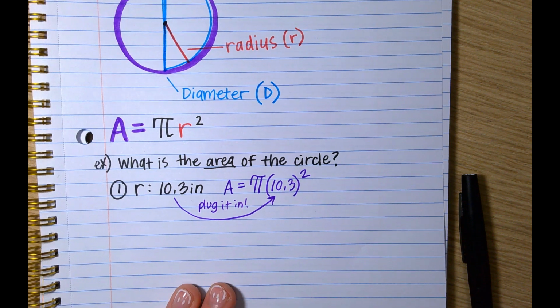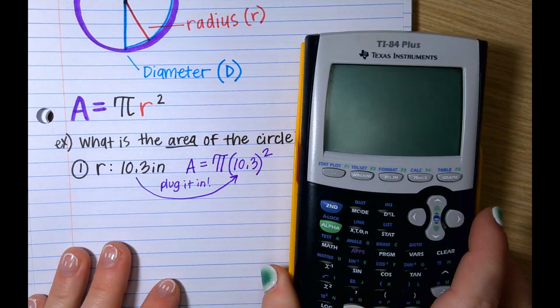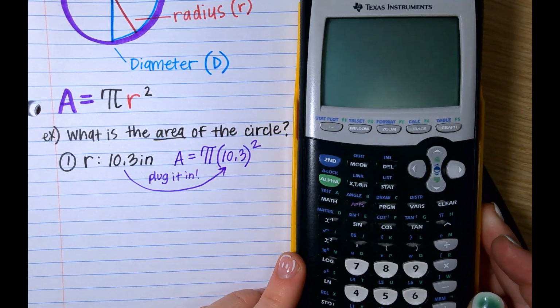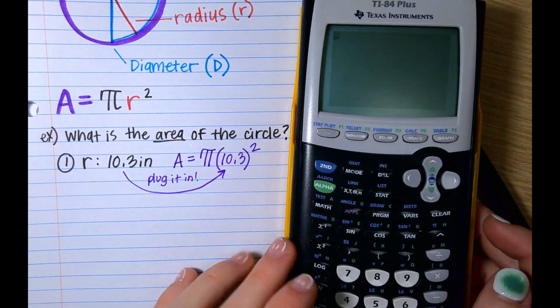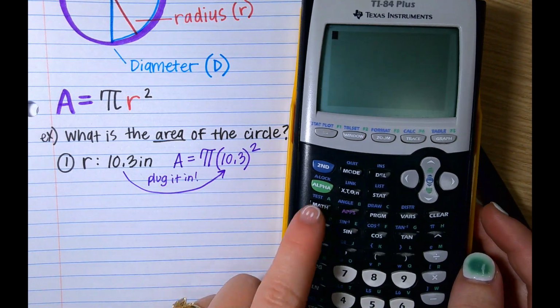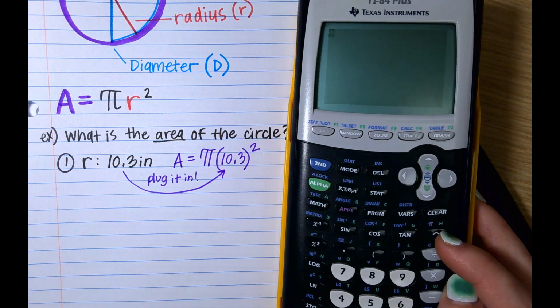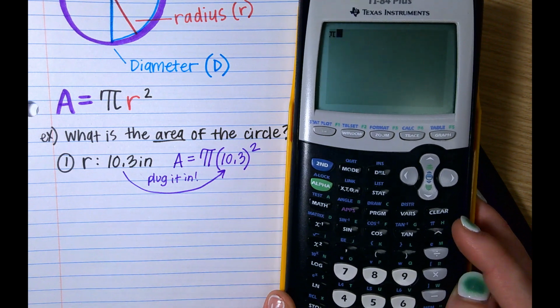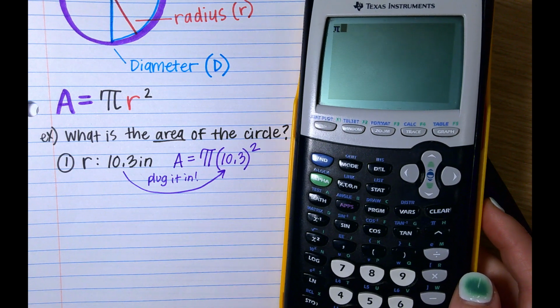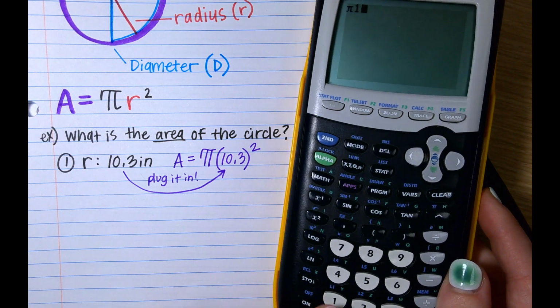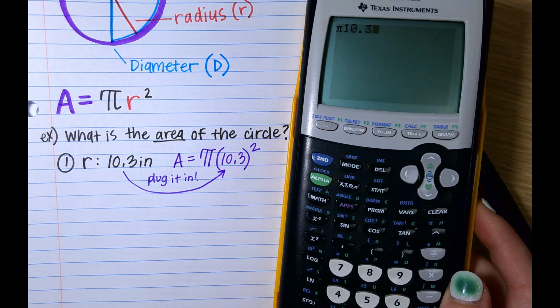And here's how we type that. Make sure your calculator is on. And we'll practice typing pi again. It's the second button in that up arrow under clear. So we have pi. Then all I have to do is type 10.3.